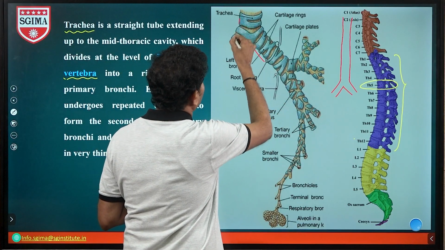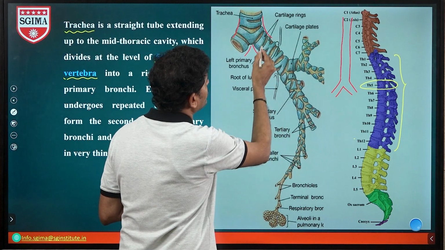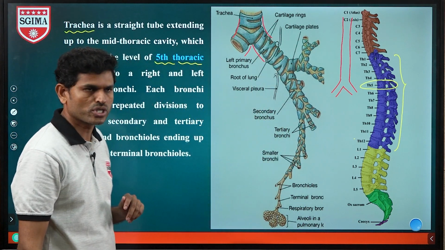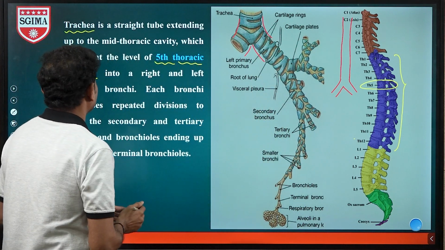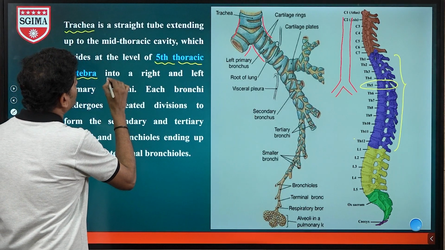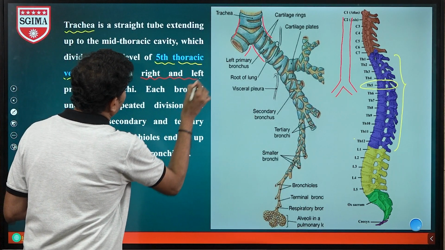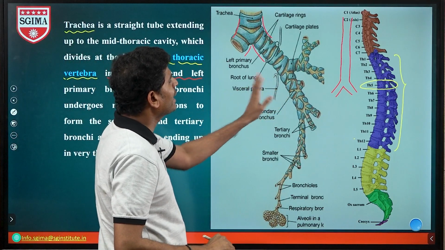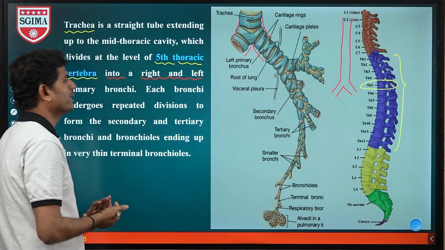Those two branches we call the bronchi. Those enter the right and left lungs.